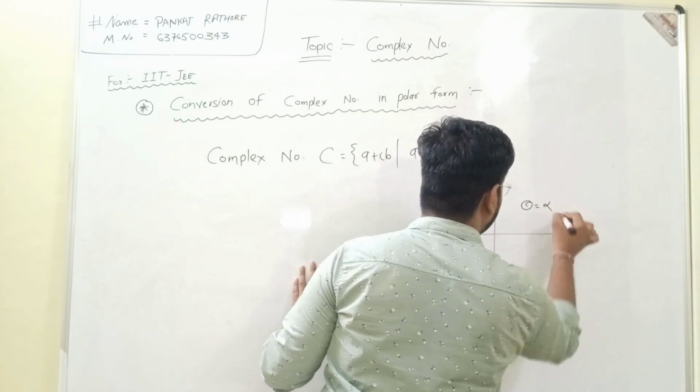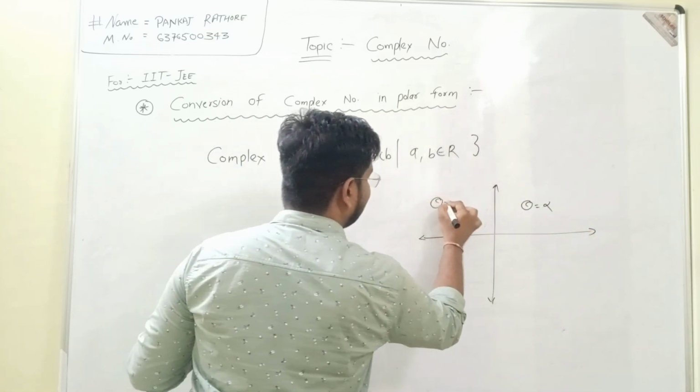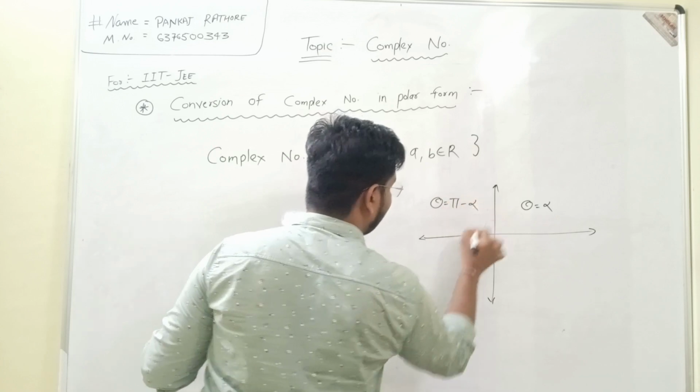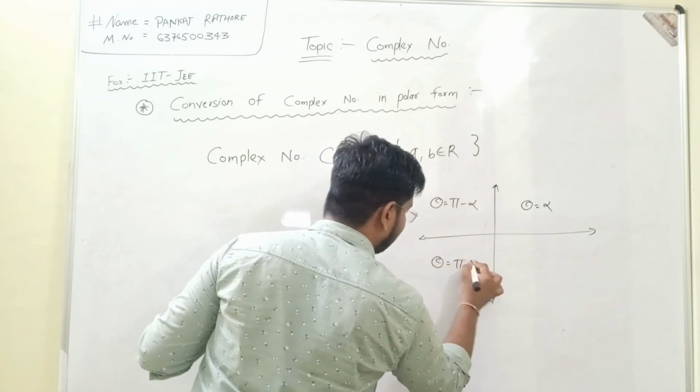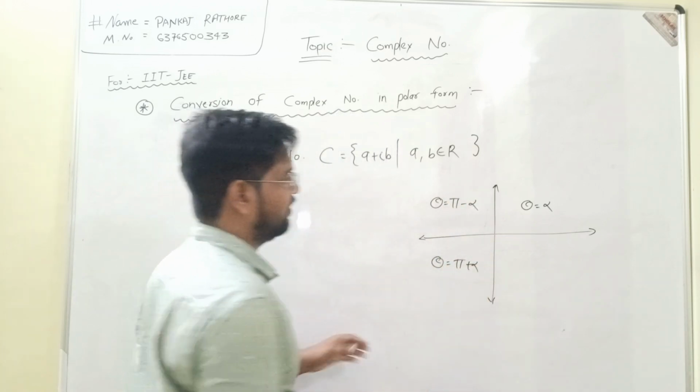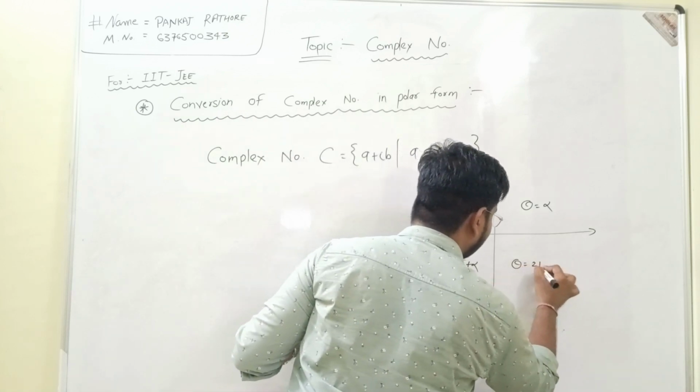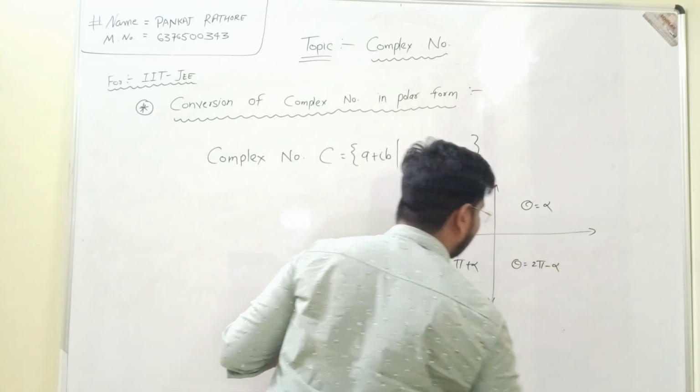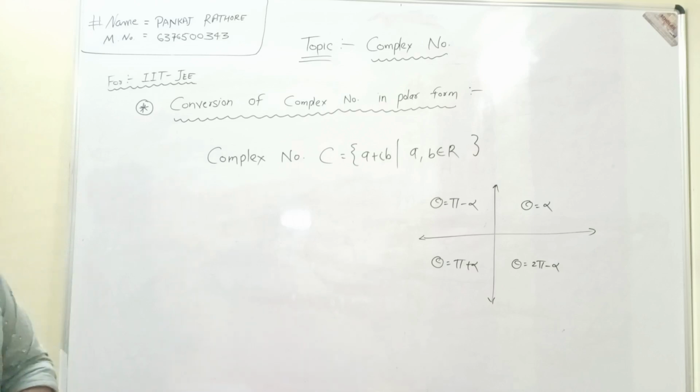Theta equal to alpha, theta equal to pi minus alpha, pi plus alpha, theta equal to 2 pi minus alpha.